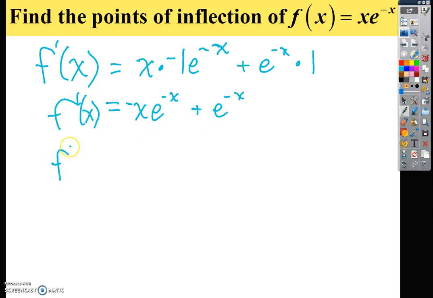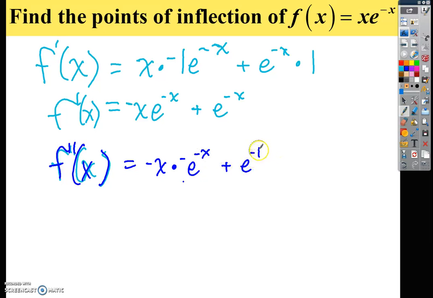So now we're going to find f double prime of x. And that's first times the derivative of the second plus the second times the derivative of the first plus the derivative of our next term.